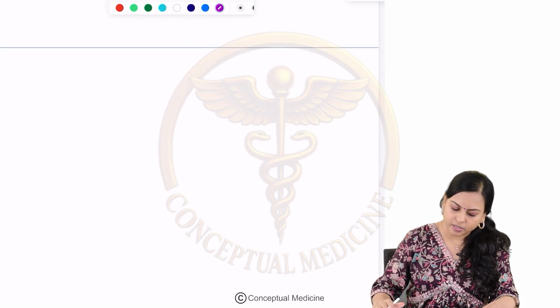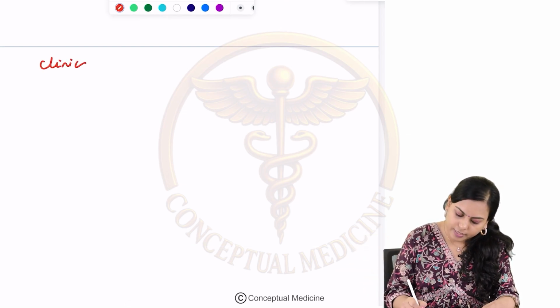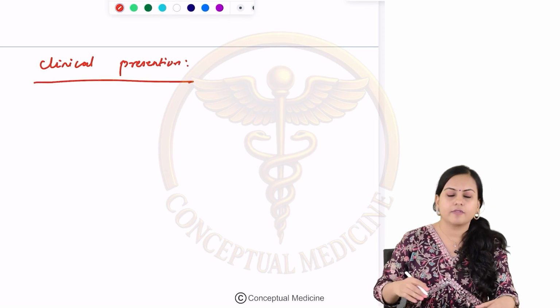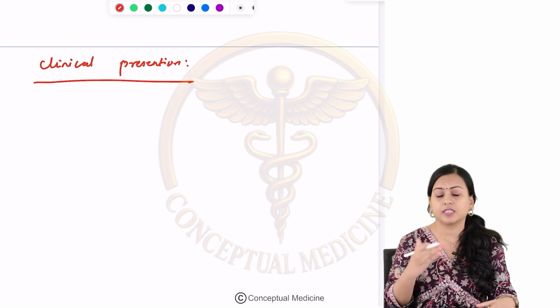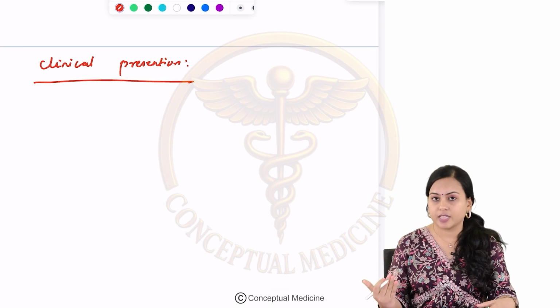Clear? Now we'll see how they will be clinically presenting. The clinical presentation here will be different, because in primary PPH we have a gush of blood that is lost on the table itself or within the observation period, and we can see the signs of hypovolemia in the patient.